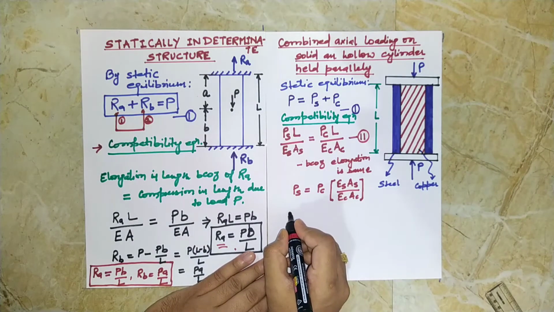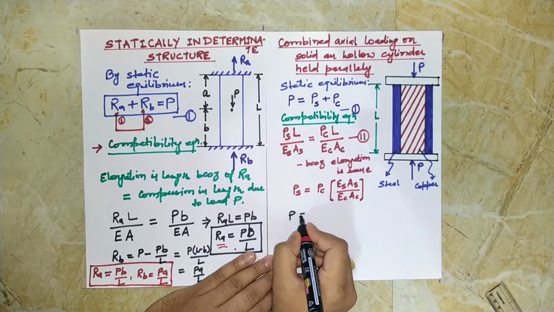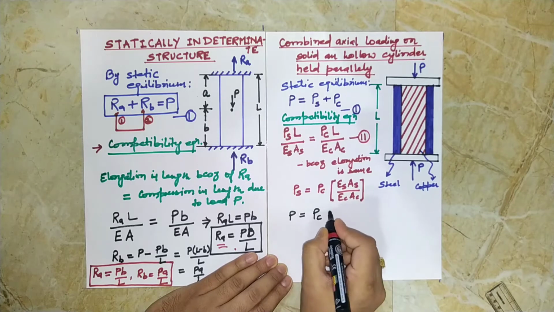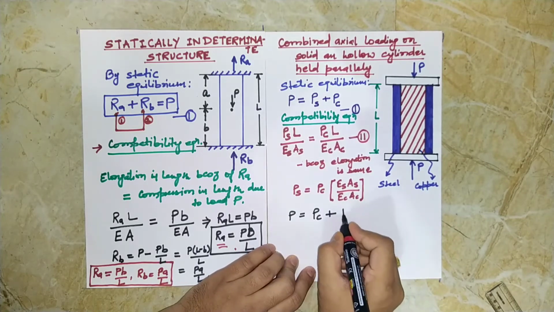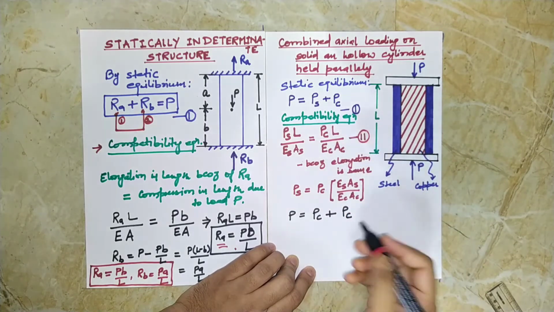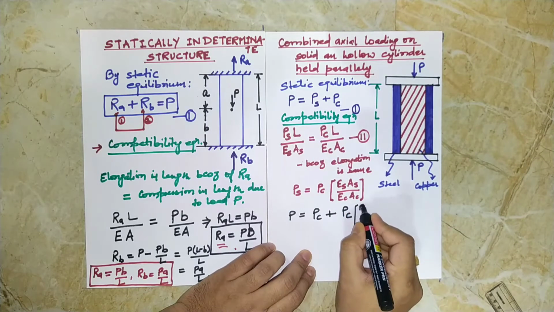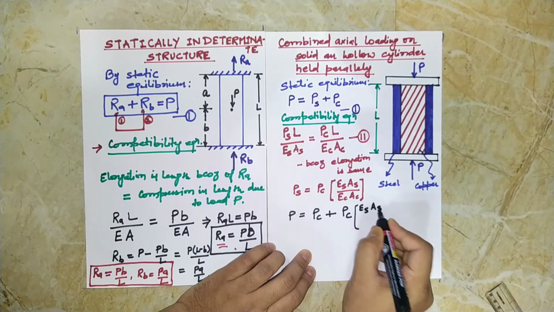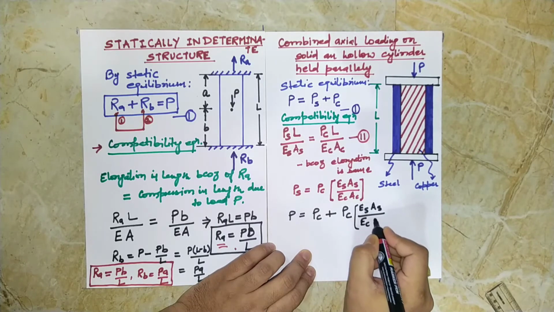So P is equal to PC plus, in the place of PS we can write PC ES AS by EC AC.